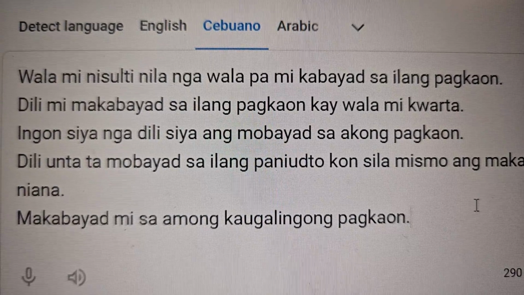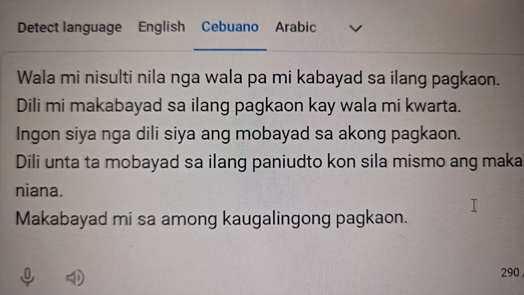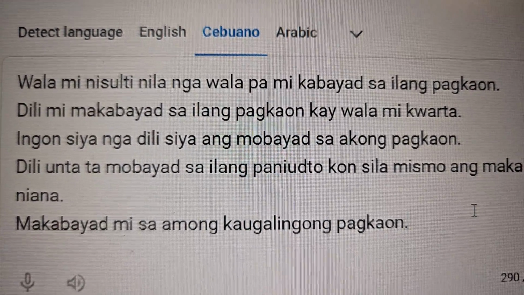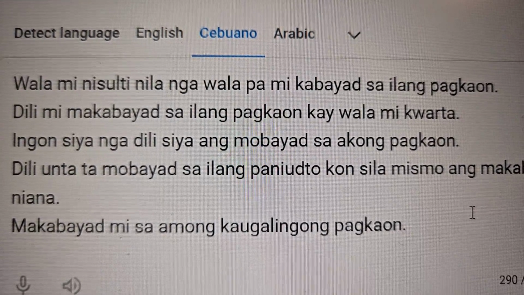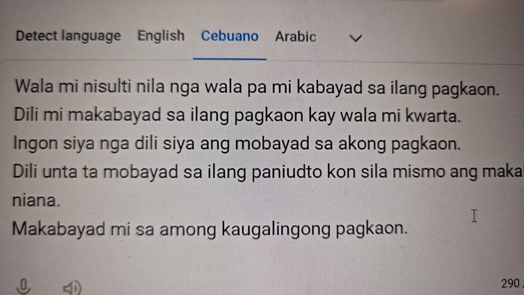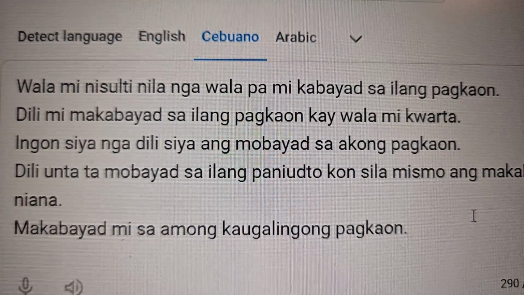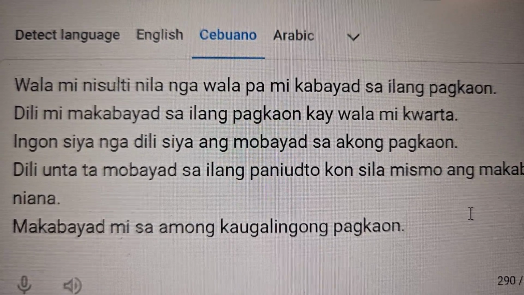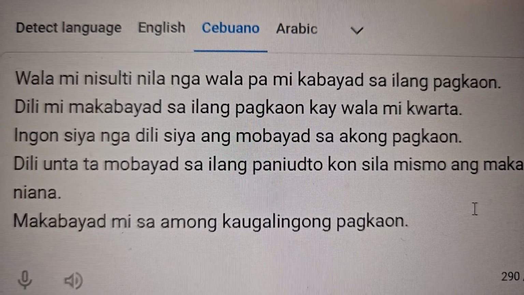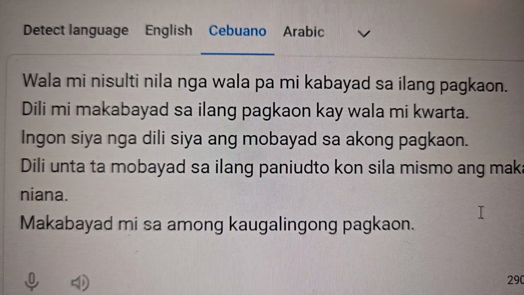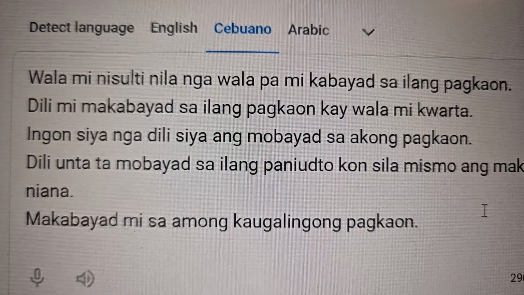Wala mi kwarta. Here, there's a little bit of ambiguity in the translation. We cannot tell if it's ang kwarta or just kwarta. So the way it's translated here is we didn't have money. Wala mi kwarta.